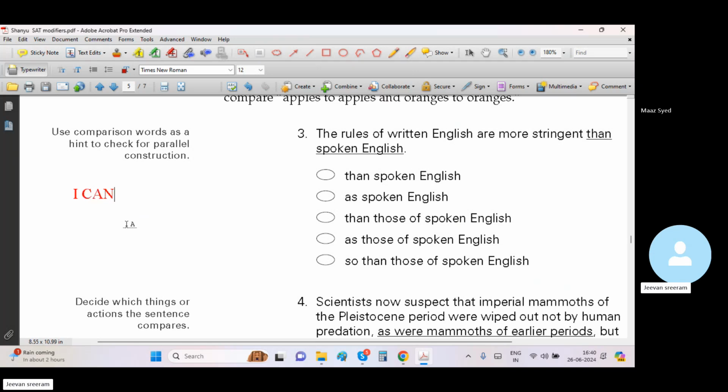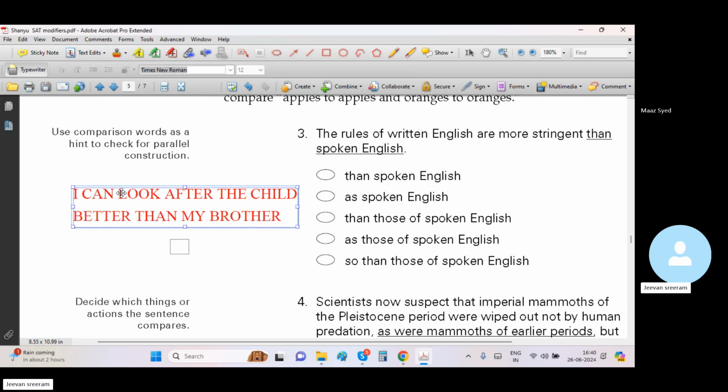I can look after the child better than my brother. So basically the comparison is between two verbs.